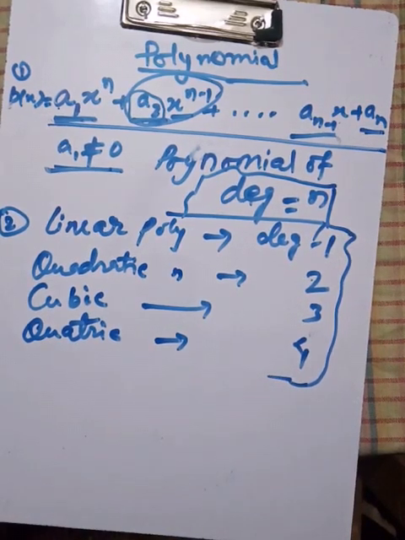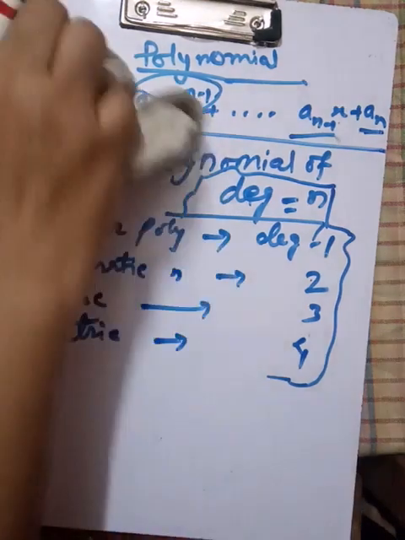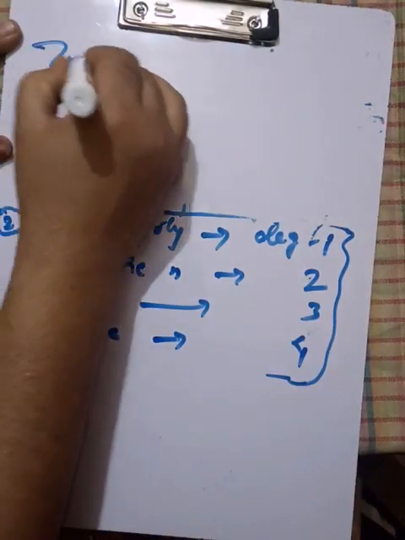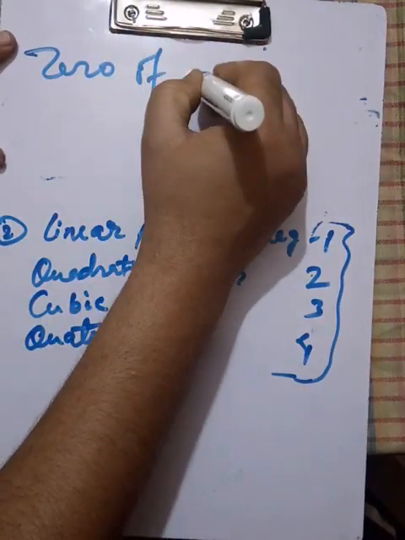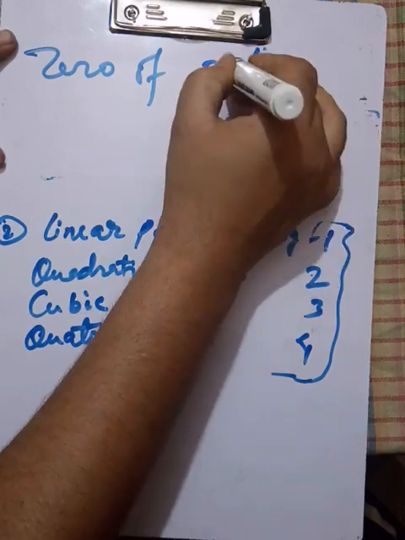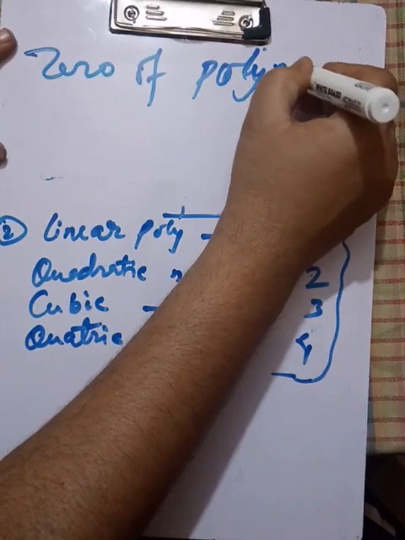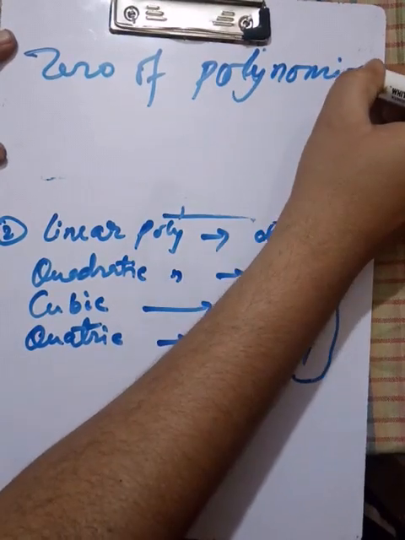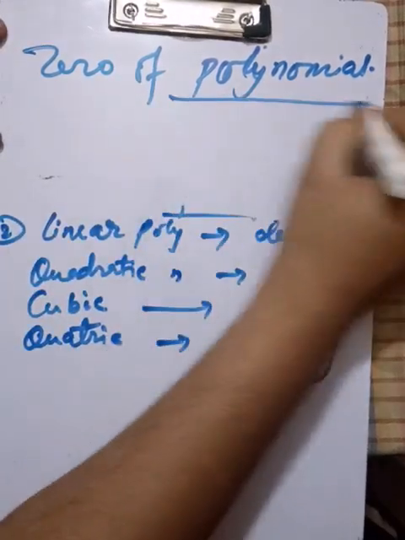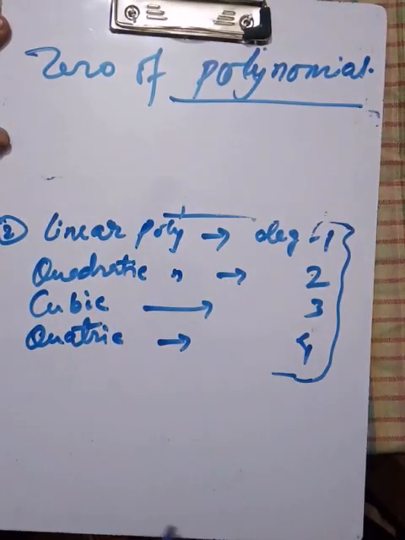One more word you have read in an earlier class is the zero of a polynomial. What was the zero of a polynomial? The zero of a polynomial is a value of the variable for which the whole polynomial's value becomes 0.